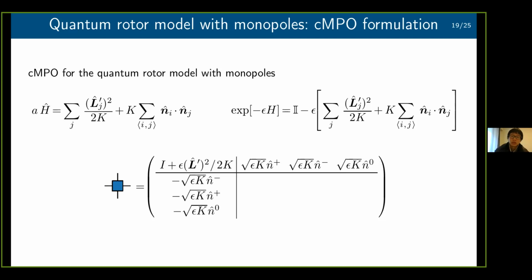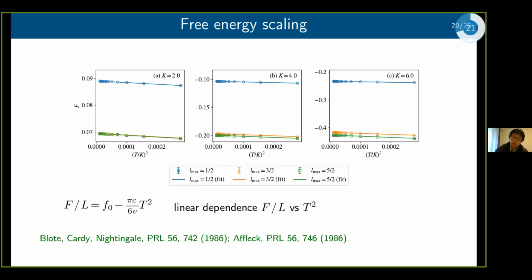And as we mentioned, we want to verify that this model is critical for all the coupling constants that we use. So here we calculate the free energy for different choices of this coupling constant, and we also compare the results obtained by using different truncation schemes for the local Hilbert space, as we mentioned.